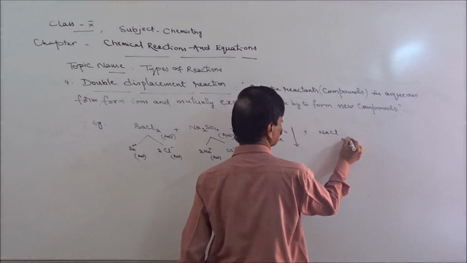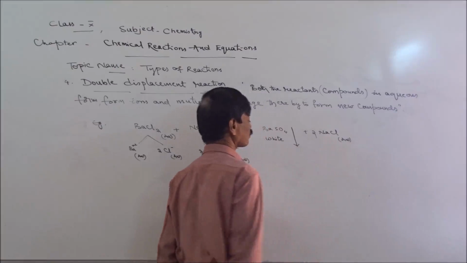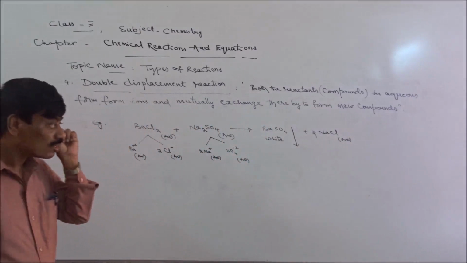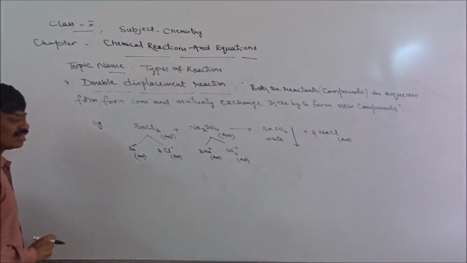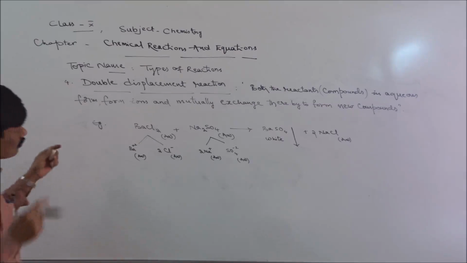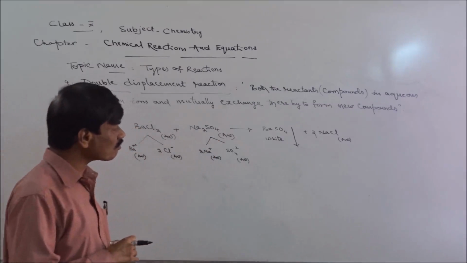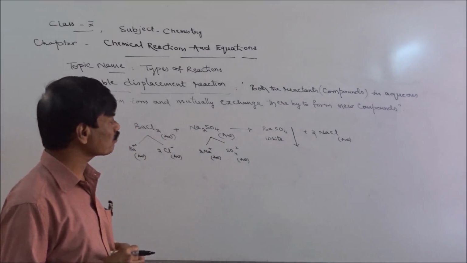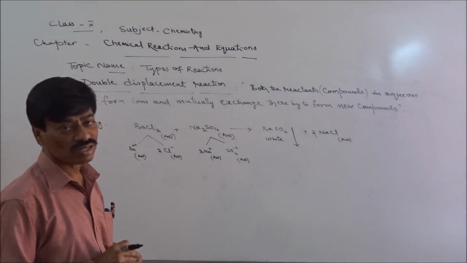This will be there in aqueous form, right? So that is one example wherein the reaction has led to the formation of 2 new products, that is barium sulfate and sodium chloride.